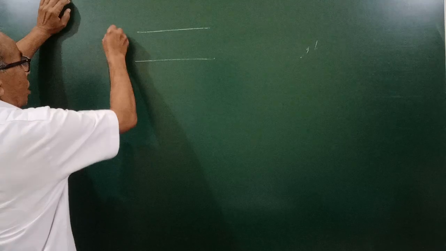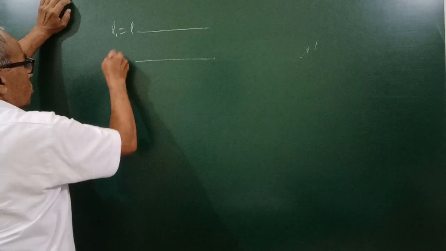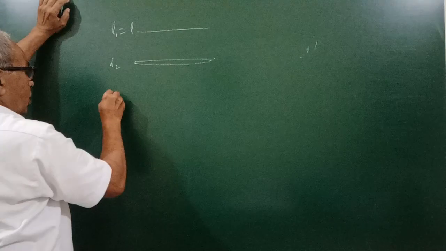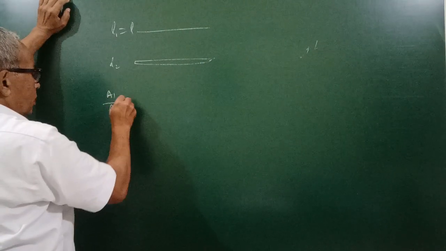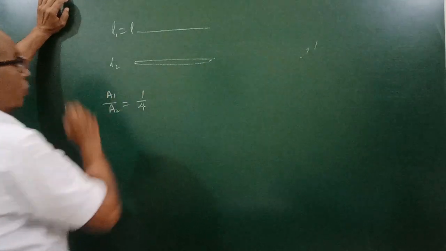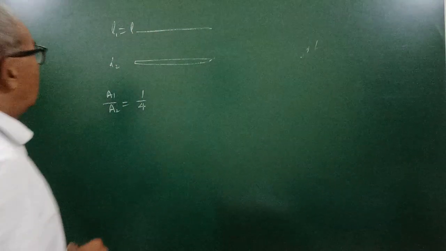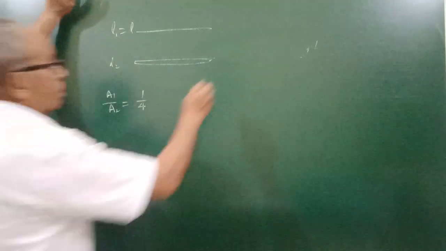Now there is another question here. There are two conductors of the same length, L1 is equal to L, L2 is equal to L, but their areas of cross section are in the ratio A1 upon A2 equal to 1 by 4. These are two conductors of the same length and same material.